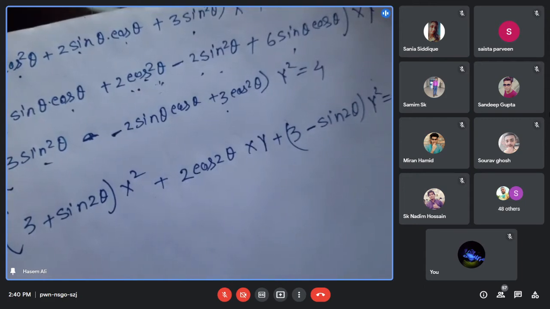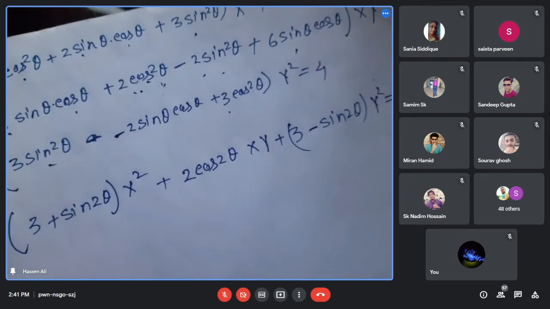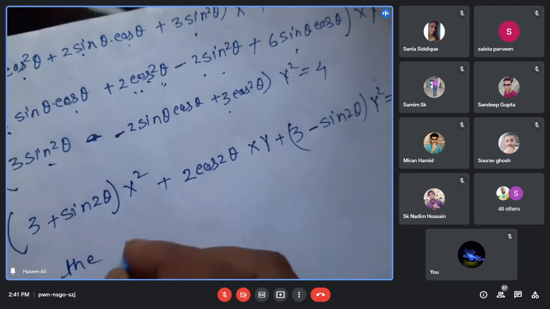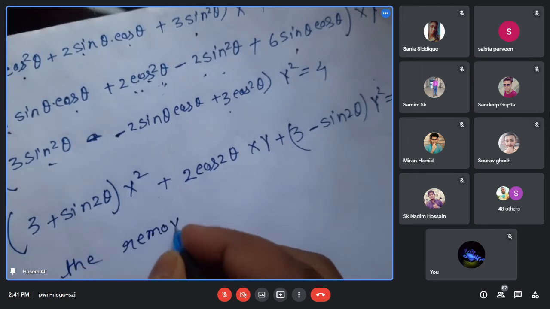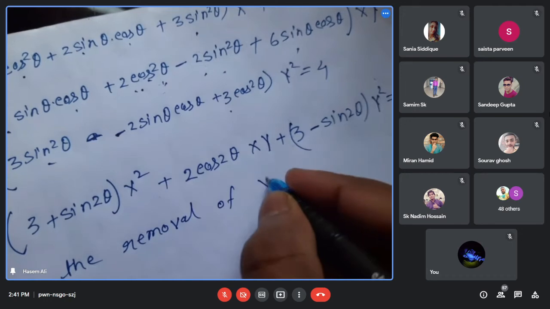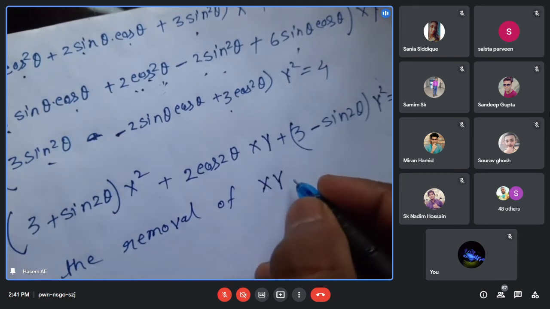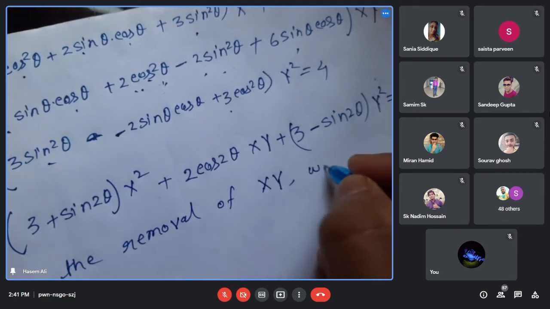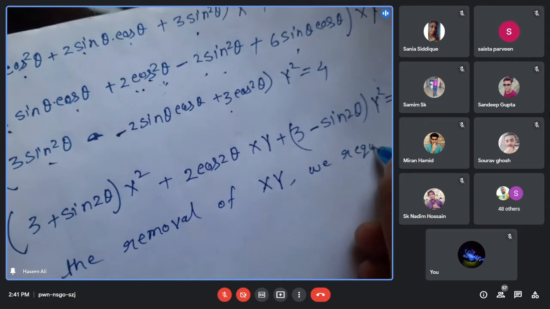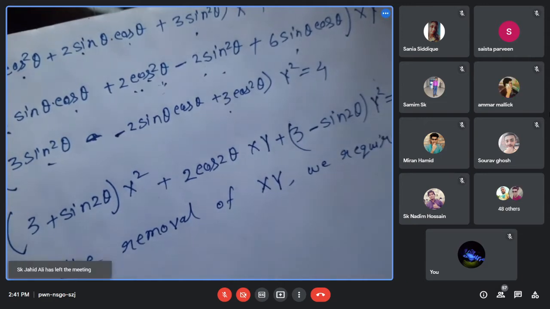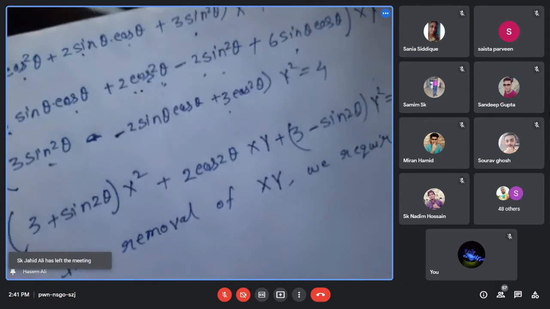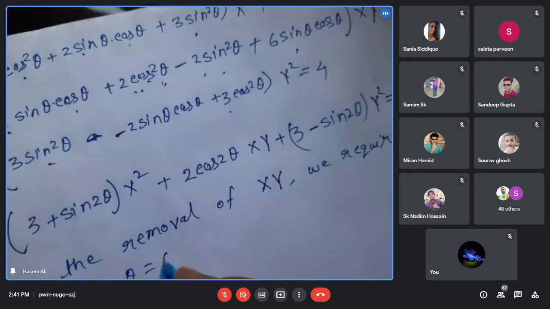For the removal of xy, we require that cos 2 theta equals 0.